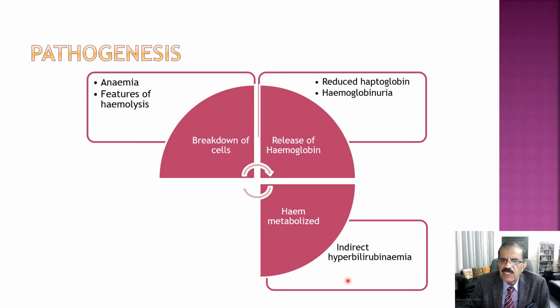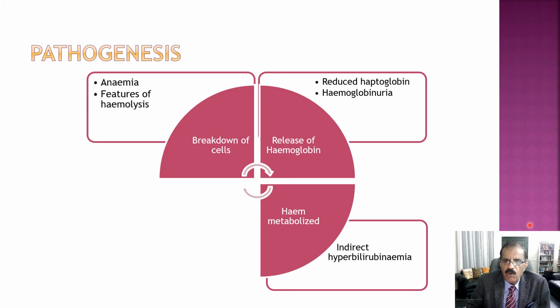The jaundice is never very deep in these patients, because normally bilirubin is metabolized by the liver, and the liver is very efficient in removing all this bilirubin. But once there is a lot of hemolysis, the liver can be overwhelmed, the hepatocytes may not be able to metabolize all the indirect bilirubin.